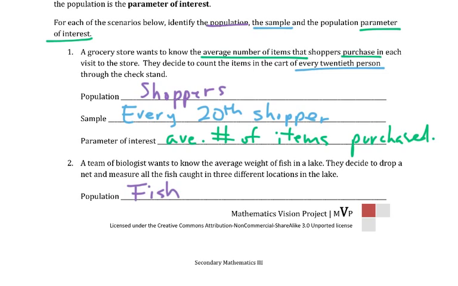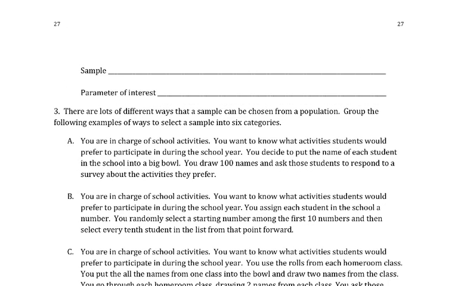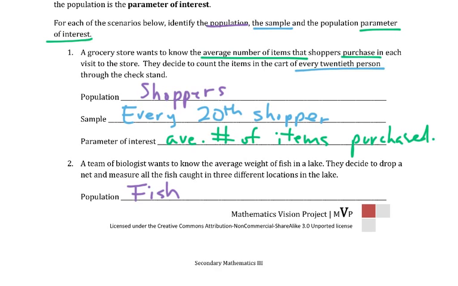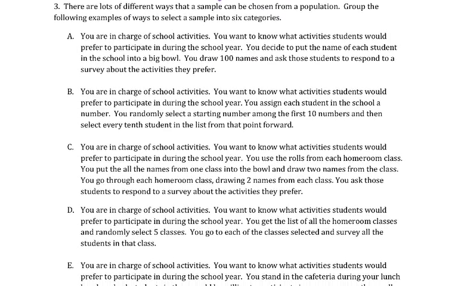The sample would be the fish caught in the nets, the 3 times. And the parameter of interest would be their average weight. They want to know what the weight is, the average weight of fish. Okay, so there are some ideas about that.